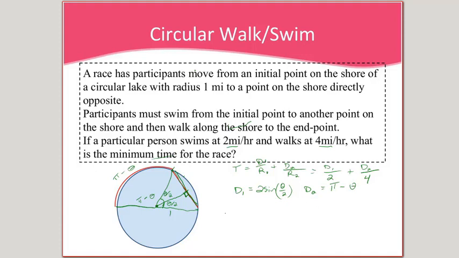All right, so I've got distance 1 and distance 2 related by theta. So I used a third variable, but I can write them both in terms of that. So my time is now 2 sine theta over 2 over 2 miles per hour plus pi minus theta over 4 miles per hour.